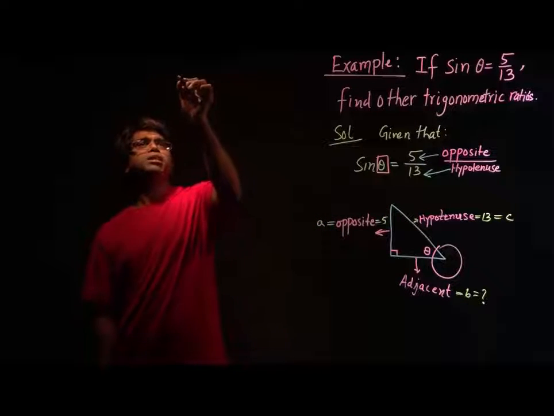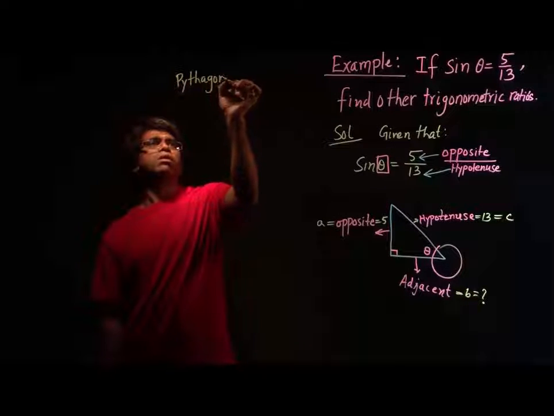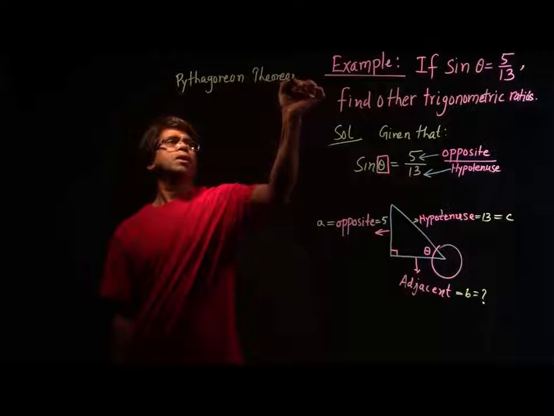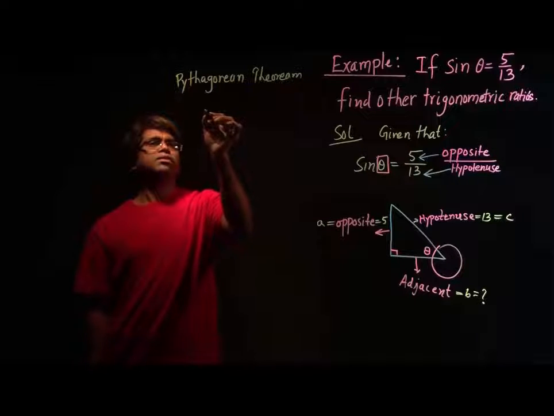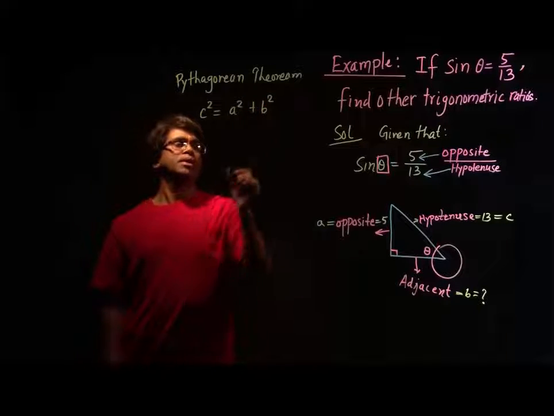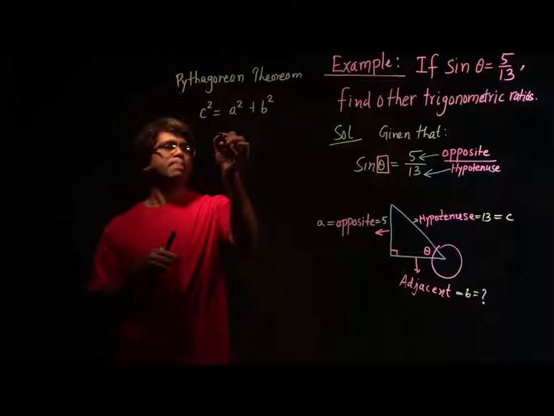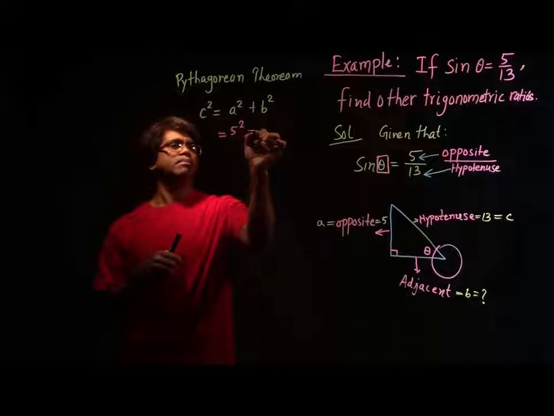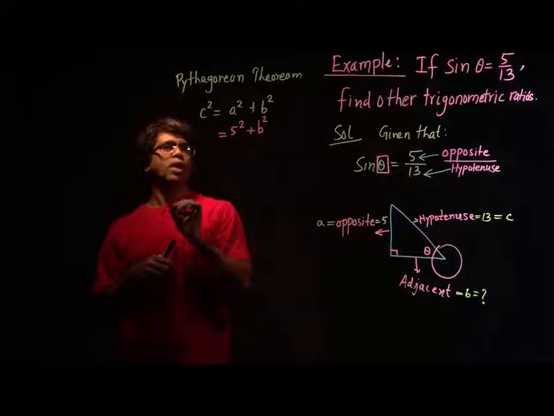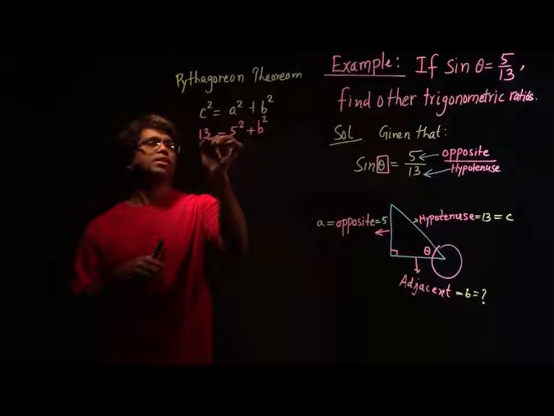My Pythagorean theorem is c squared is equal to a squared plus b squared. My a is opposite, which is 5, so I write 5 squared plus b squared, and my c is the hypotenuse, which is 13, so 13 squared.